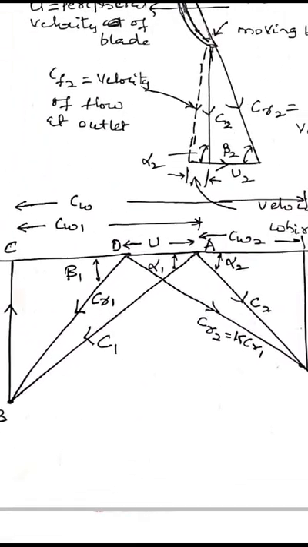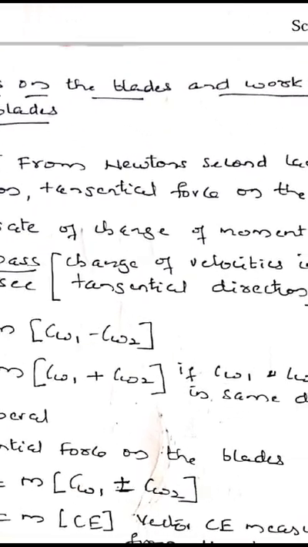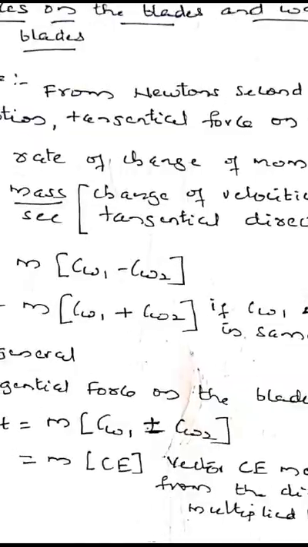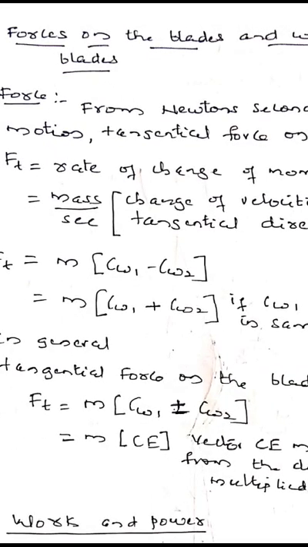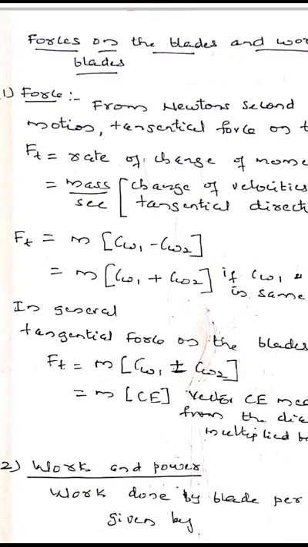Now, as I have told, force acting on the blade. From Newton's second law of motion, force is equal to rate of change of momentum, or mass per second into change of velocity in the tangential direction. As I told, it is only the tangential direction which causes the motion of the blades. Considering the change of velocity in the tangential direction, Ft equals m into Cw1 minus Cw2.